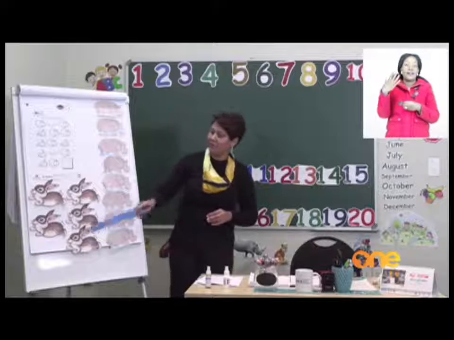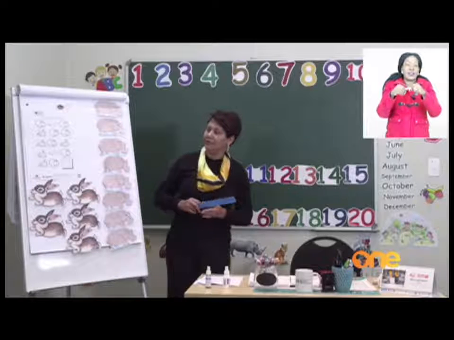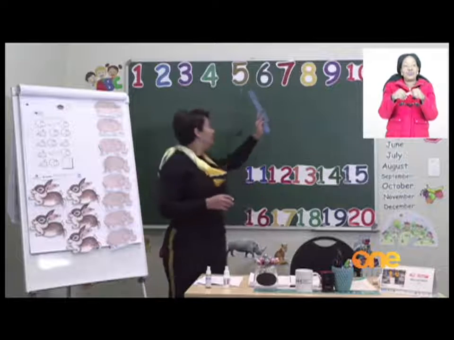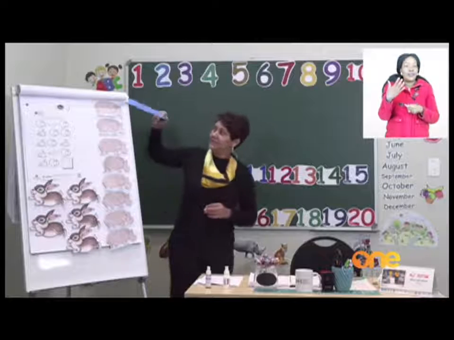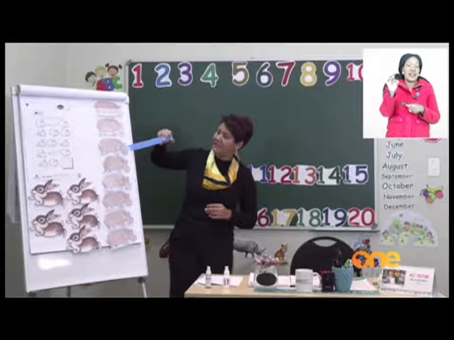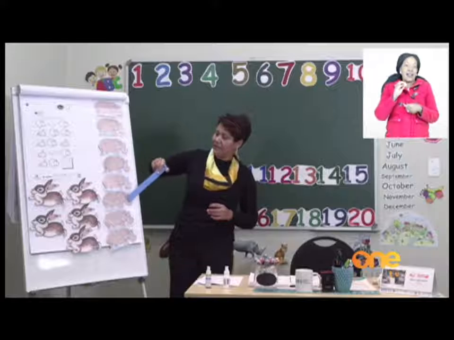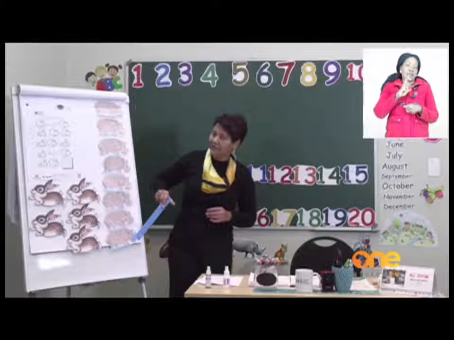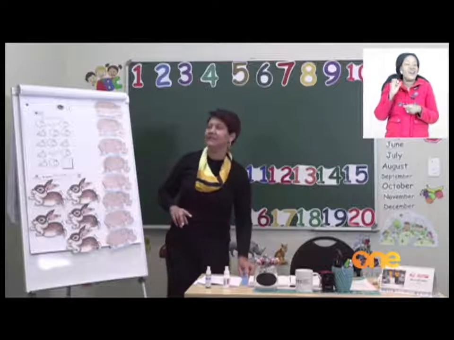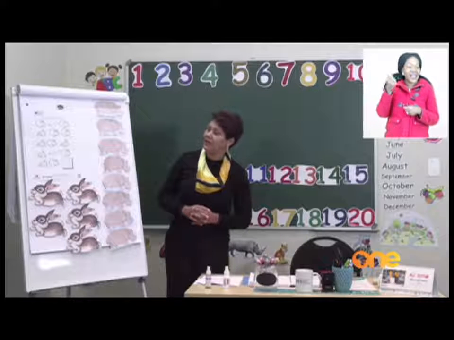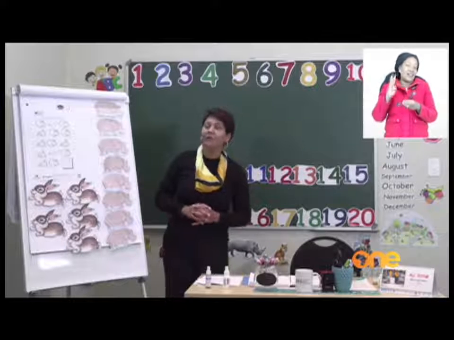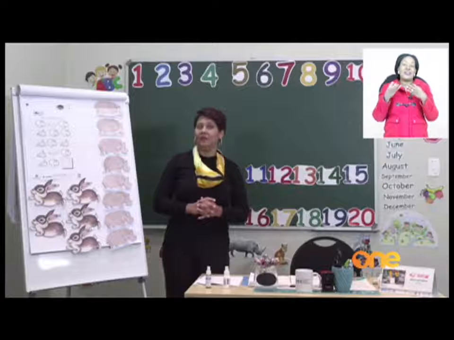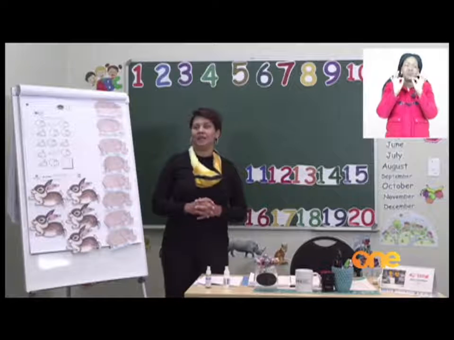Now let's count on from 5 and see if we come to number 13. 5, 6, 7, 8, 9, 10, 11, 12, 13. Yay, that gives us a total number of 13. Now enjoy your page, color in very, very beautifully, and remember to trace number 13.